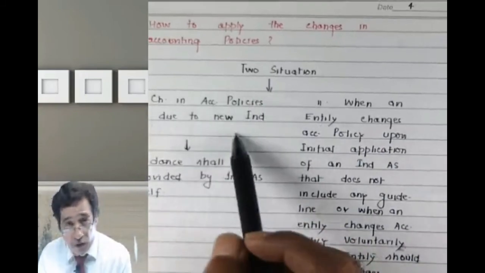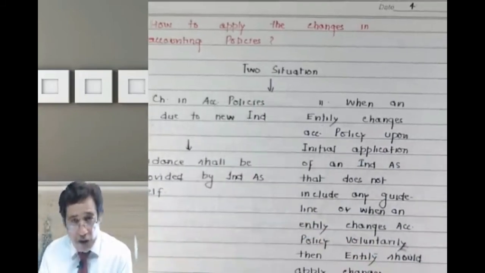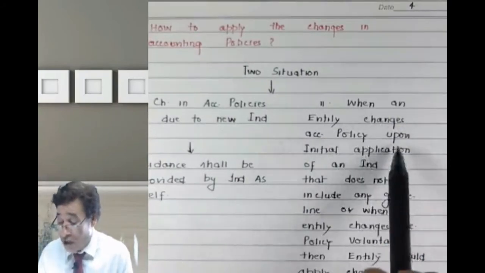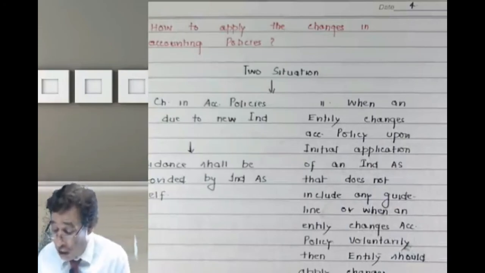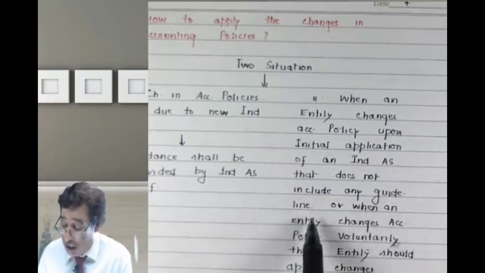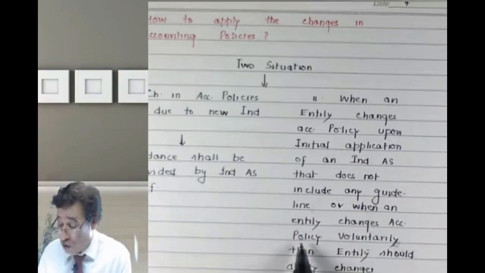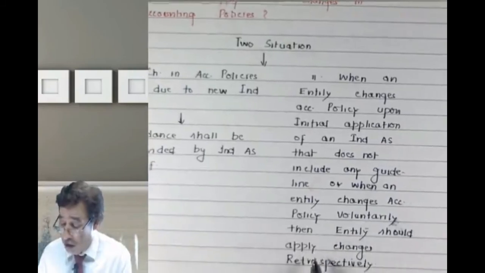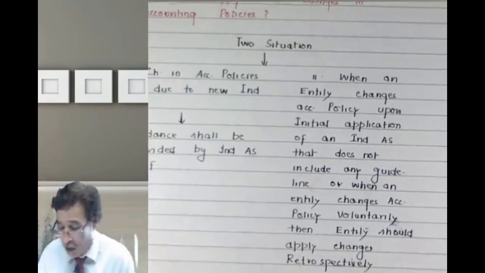There are two situations. One is change in policy due to a new Ind AS, and the second situation is when an entity changes accounting policy upon initial application of an Ind AS that does not include any guideline, or when an entity changes accounting policy voluntarily. Then the entity will have to apply it retrospectively.